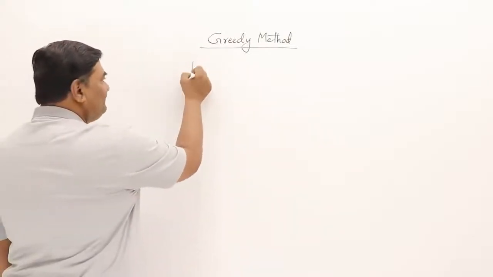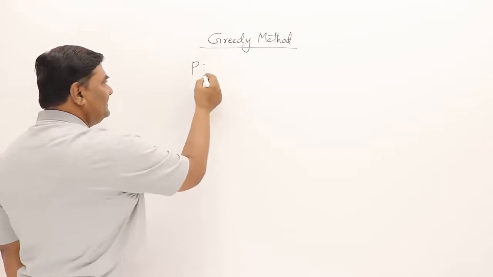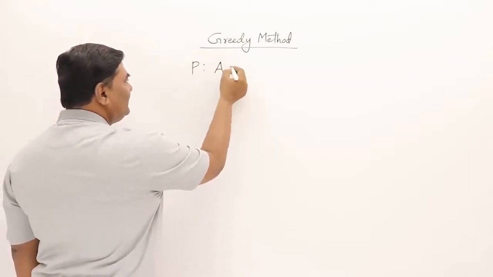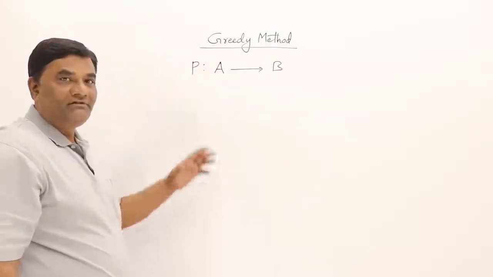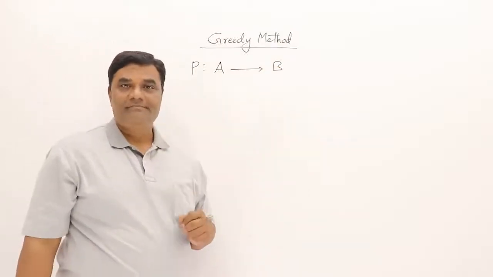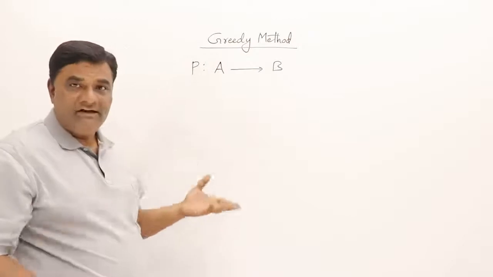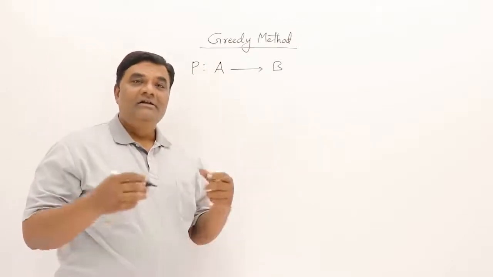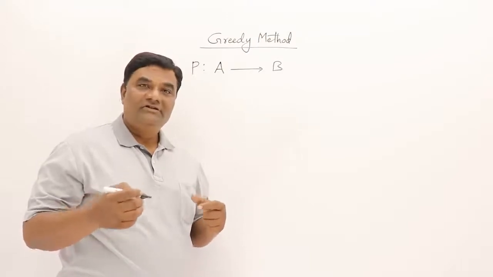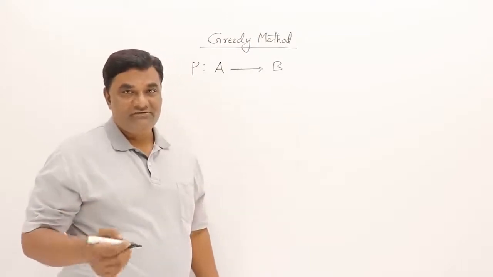Suppose there is a problem P, and that problem is I want to travel from one location A to location B. I have to cover this journey, that is my problem. I am taking one example, it can be any problem of a similar type. Now, for this problem, there may be more than one solution.